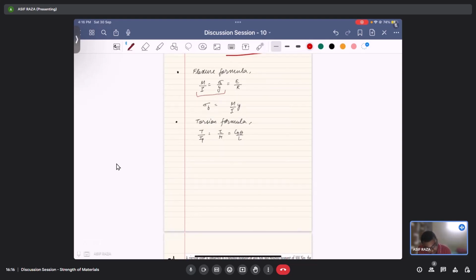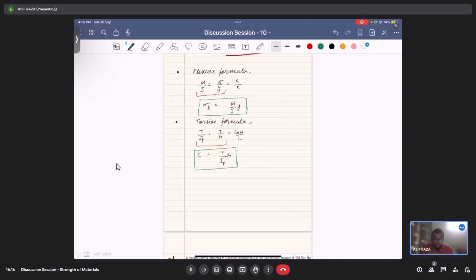Again, I'll use the first two relations and write tau equals T upon Ip times R. This is the bending stress generated, and this is the shear stress generated due to the torsion.